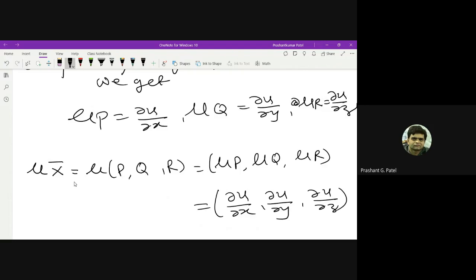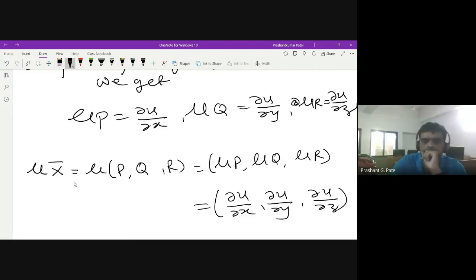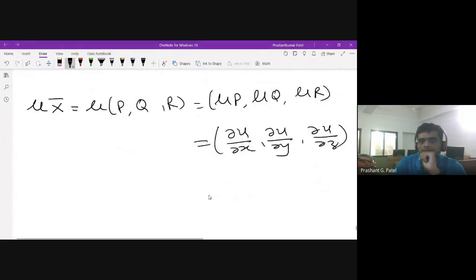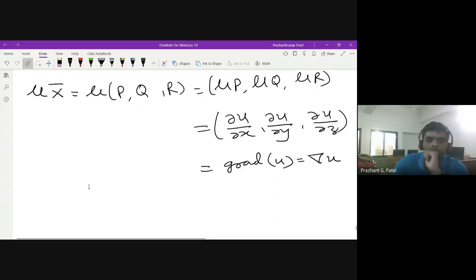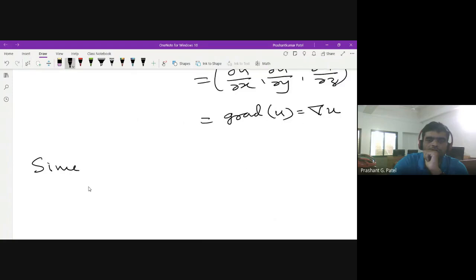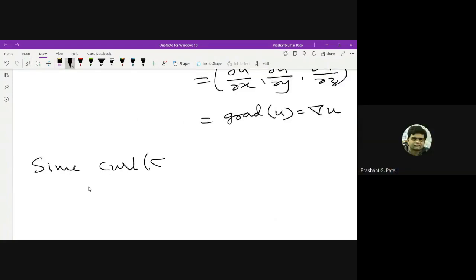This is nothing but the gradient of u. And we know already this relation, that the curl of gradient of u is 0. Due to this, the gradient of u we have obtained is mu x bar, so we say that curl of mu x bar is 0.